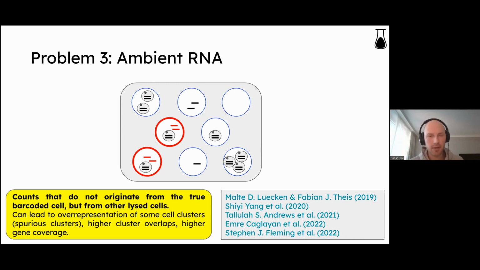And then you have spurious clusters. What this means, I will tell you later, or higher cluster overlaps, or, what I mentioned right now, higher gene coverage.